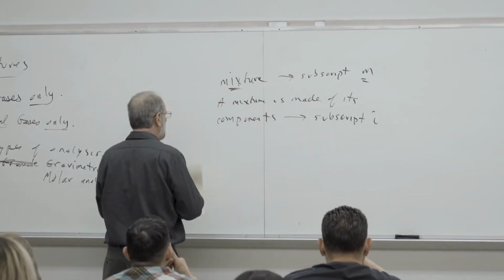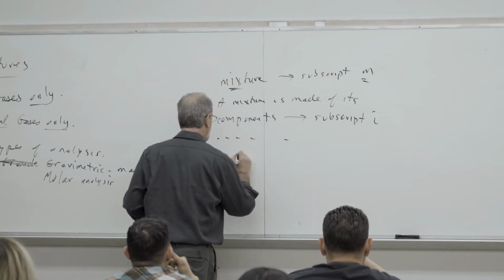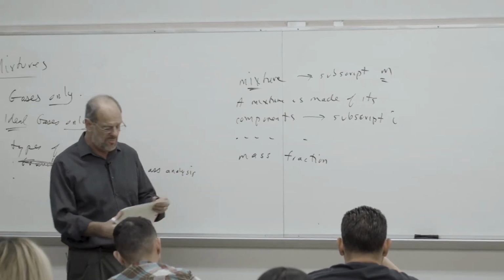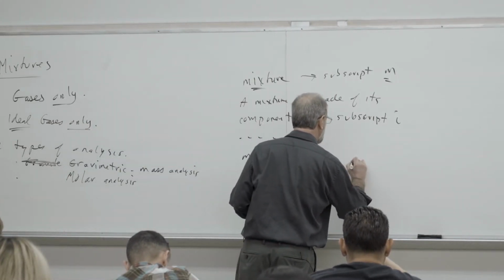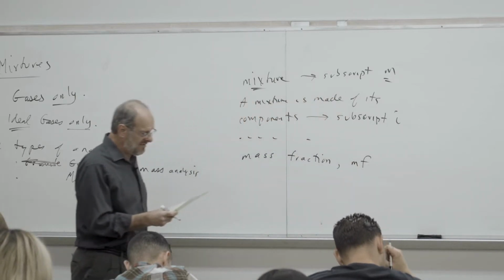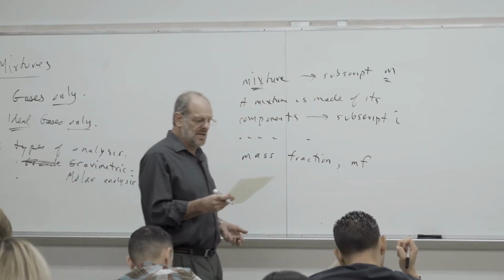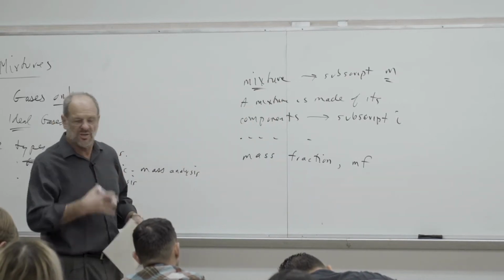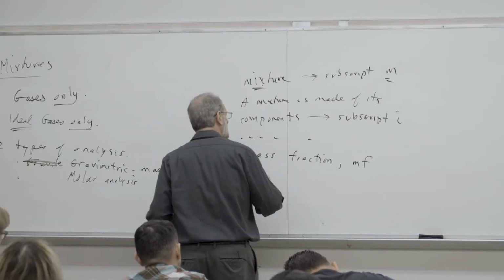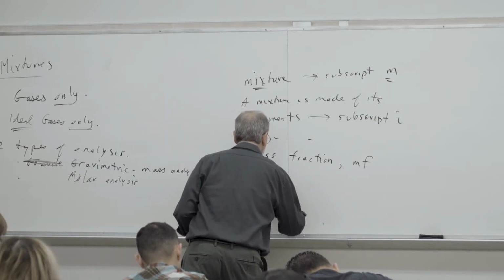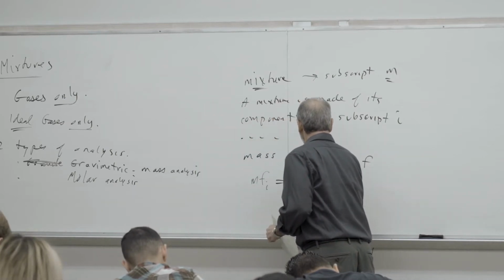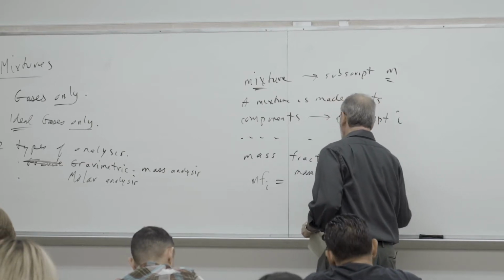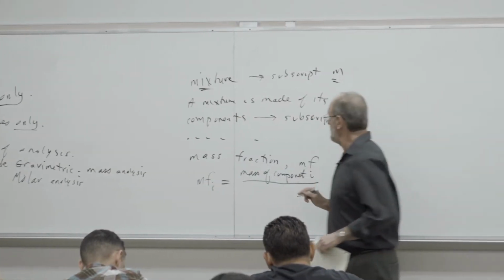Now, with this in mind, first, we're often interested in the mass fraction of a particular component. So for mass fraction, we're going to use MF. And if we have a particular component I, which is what we have the mass fractions of, then we'll put the appropriate subscript. So, for instance, MF with the subscript I is really just the mass of component I divided by the total mass of the mixture.